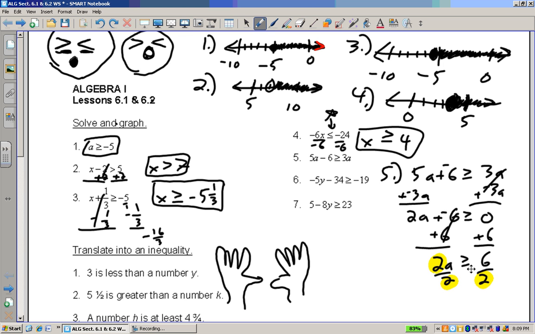So I did not have to switch the inequality symbol. As it were, 2 divided by 2 is 1. 1a is just a. And a is greater than or equal to positive 3. So let's graph this. The nearest multiples of 5 are 0 and positive 5. Again, I just try to find a multiple of 5 on either side of the 3.